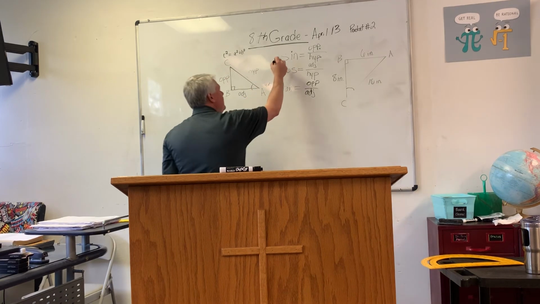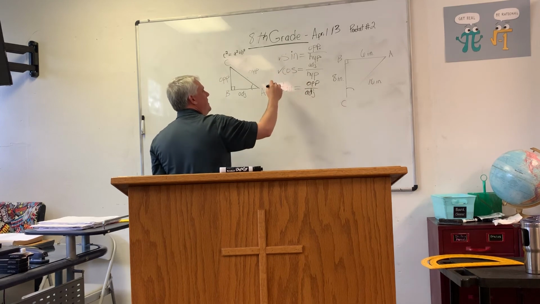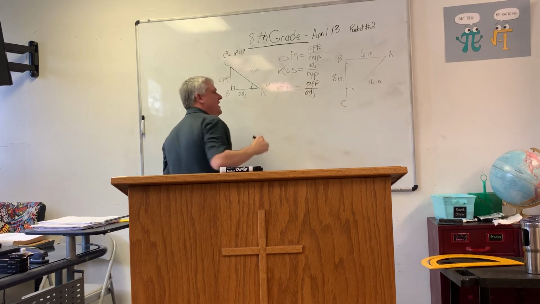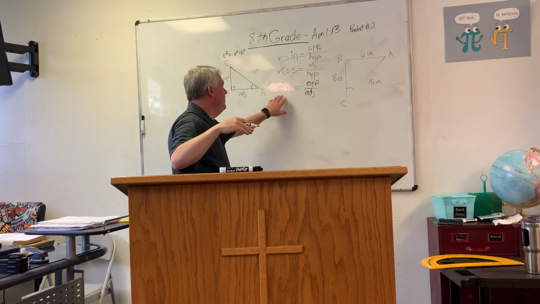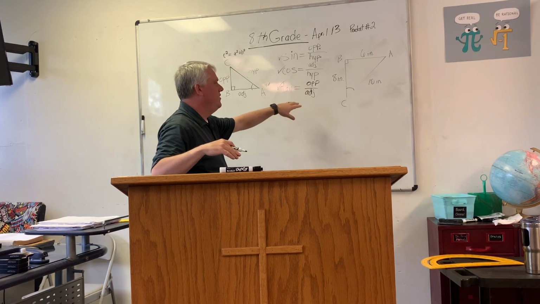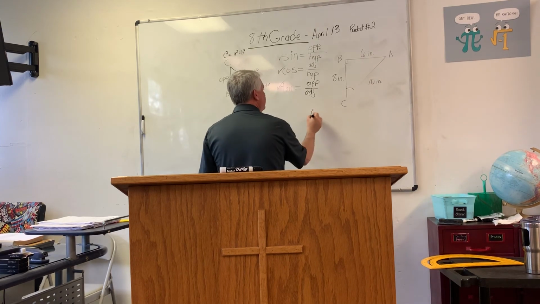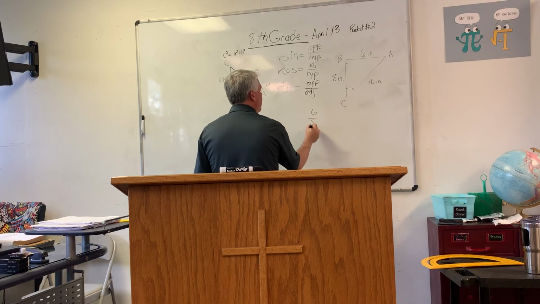So guys, what do you need to know? You're going to have to know the ratio for a sine, ratio for cosine, and then in the next unit, you'll have to do the ratio of the tangent. Opposite over adjacent. So for example here, guys, opposite, 6, adjacent, 8.